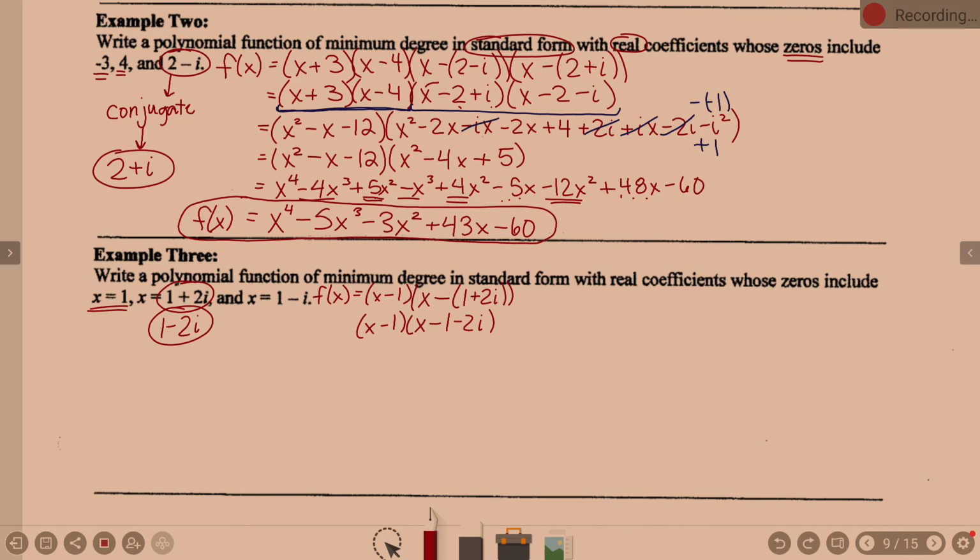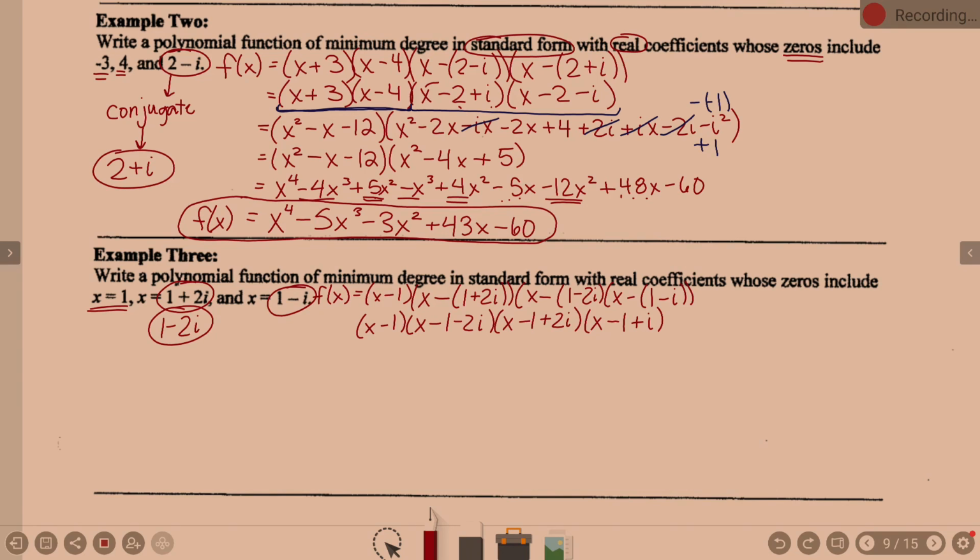So now I'm going to have x minus the quantity 1 minus 2i, which is really x minus 1 plus 2i. Then we have 1 minus i, so x minus the quantity 1 minus i, or x minus 1 plus i.